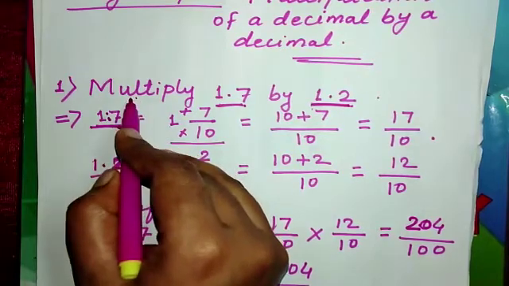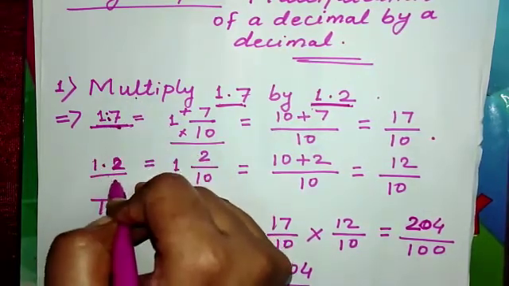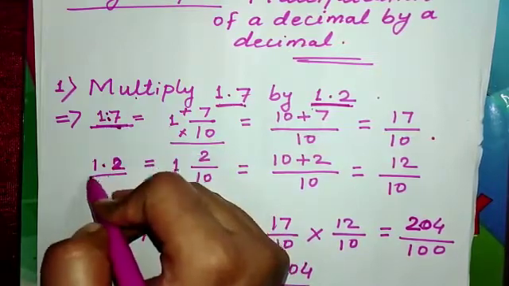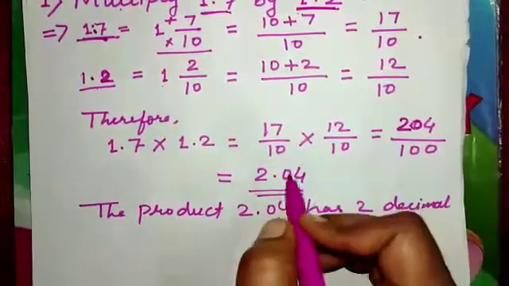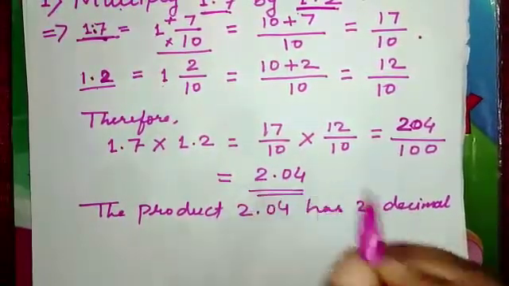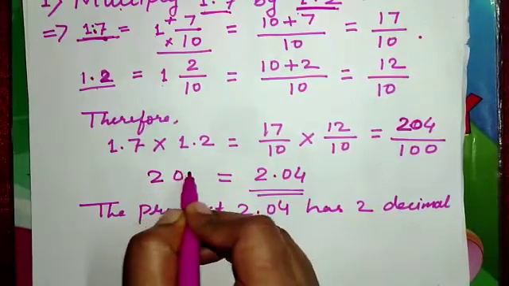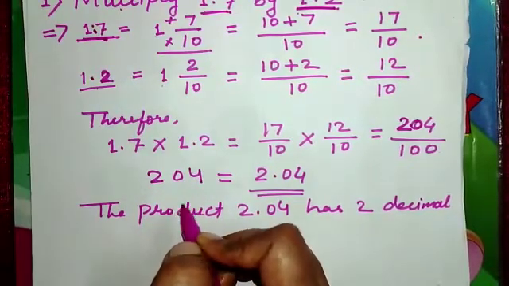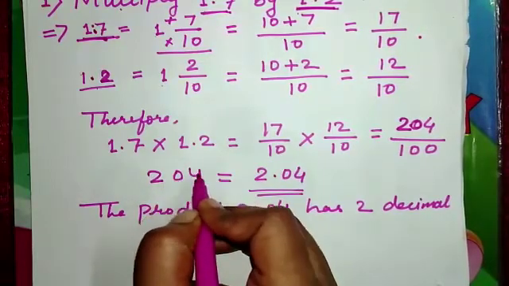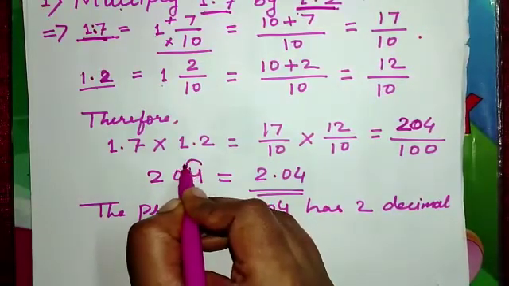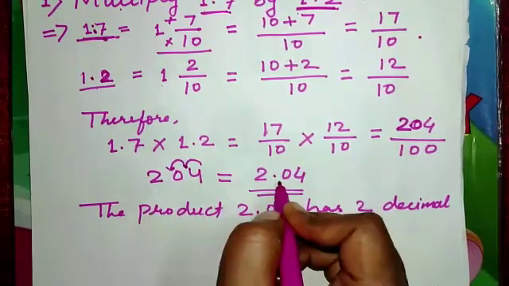So here 1 and here 1, we will do the sum of these two places, we will get 2. So where will we put our decimal if we get 204? Before 2 places. This is your first, this one is your second place. We will put the decimal here.